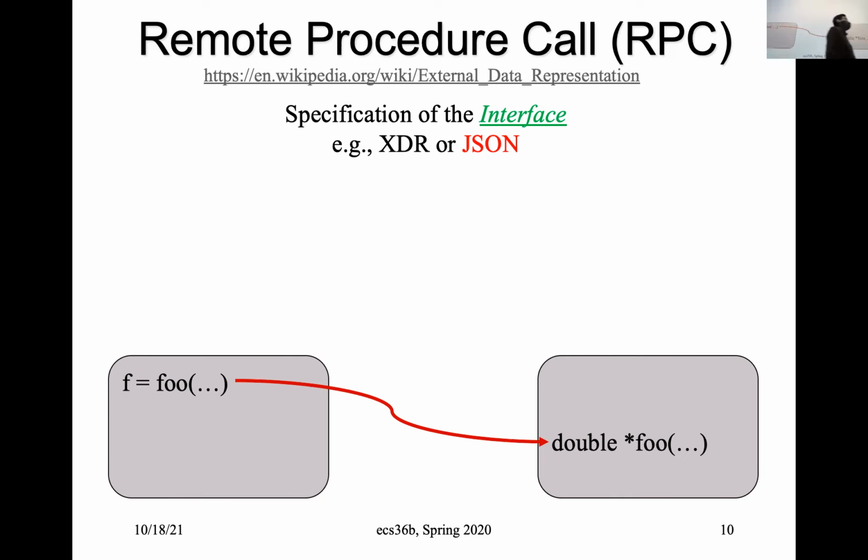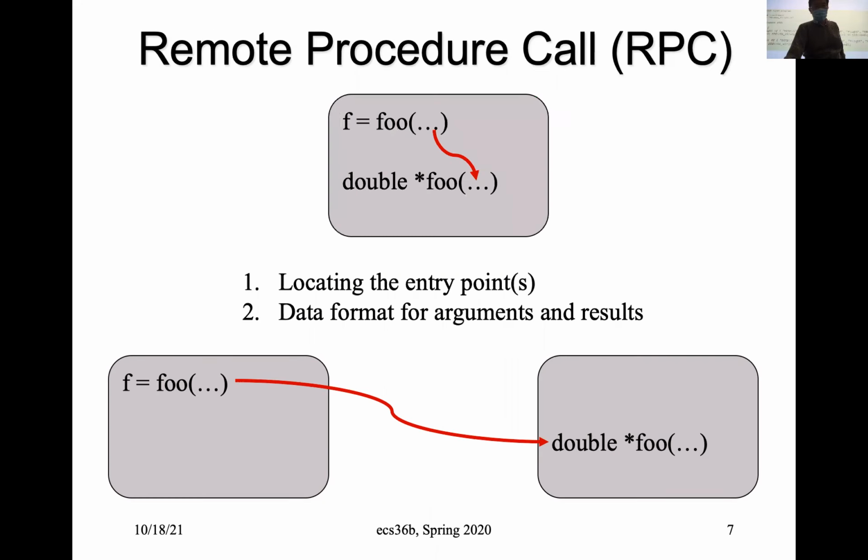Okay, so what is a remote procedure call? This is the difference between a regular function call and a remote procedure call. With a regular function call, if you call that function foo, they must be in the same program.